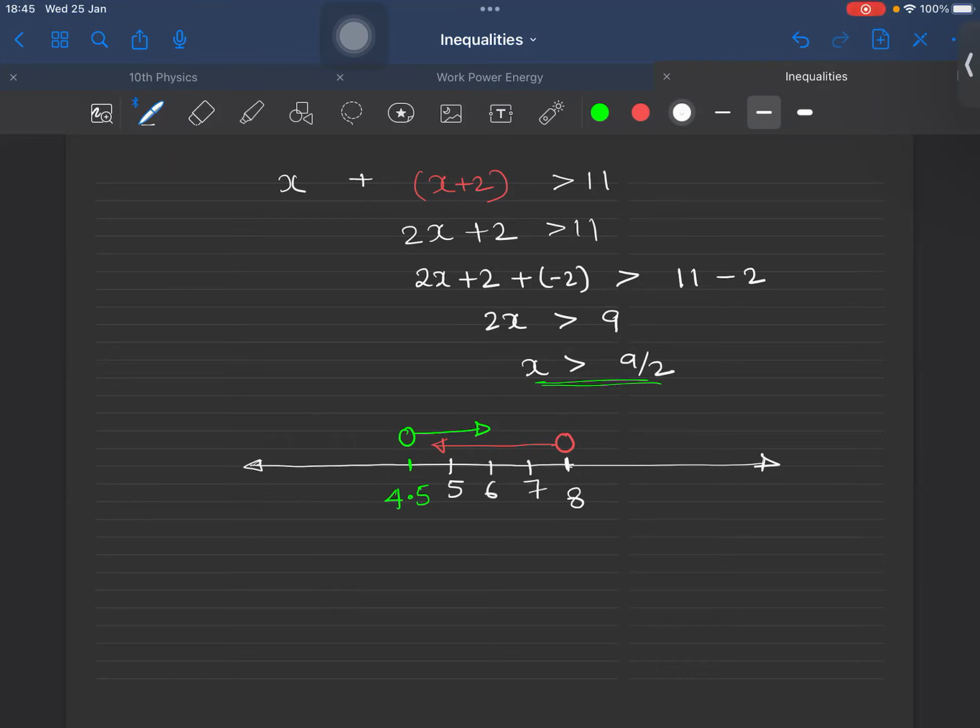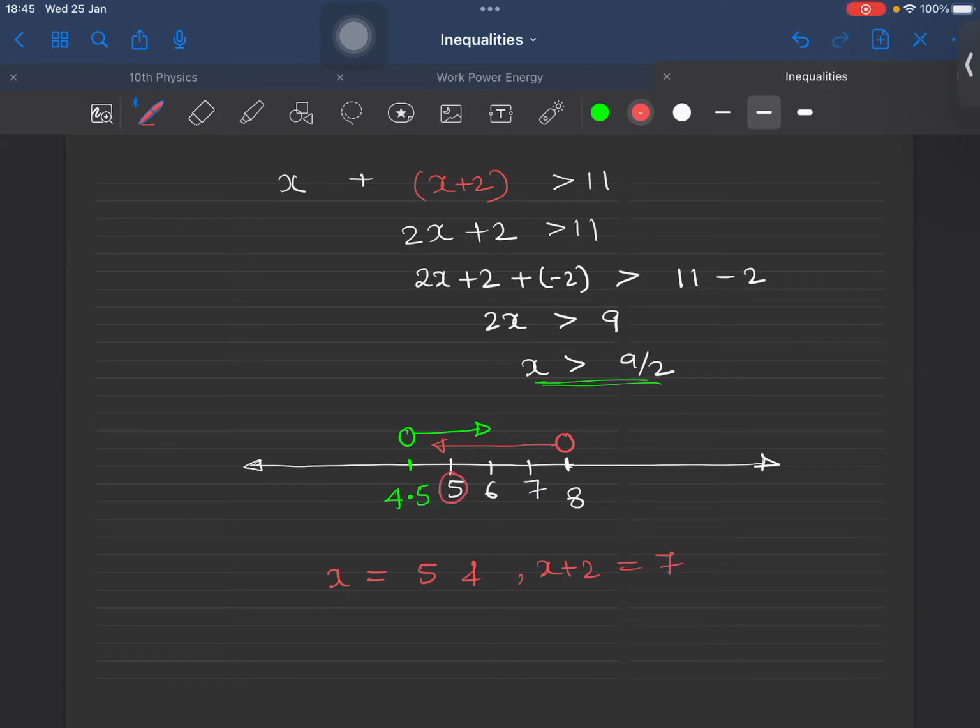These are the 3 possible integers greater than 4.5 and less than 8. Now we have to find only odd positive integers. So what are the odd positive integers? 5 and 7, right? So your answer is x equal to 5 and the other number, x plus 2, is equal to 7. So 5 and 7 is your answer.